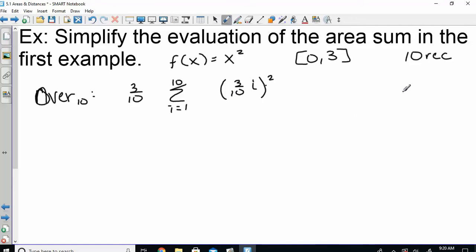So the hard part about this is you have to figure out how to write the formula for it. So if we simplify this, you would get a 9/100 i squared. What can you do with that 9/100? Comes out, so that gives me a 27/1000.